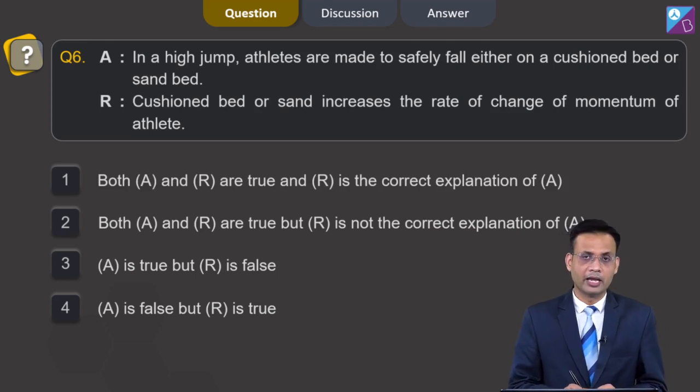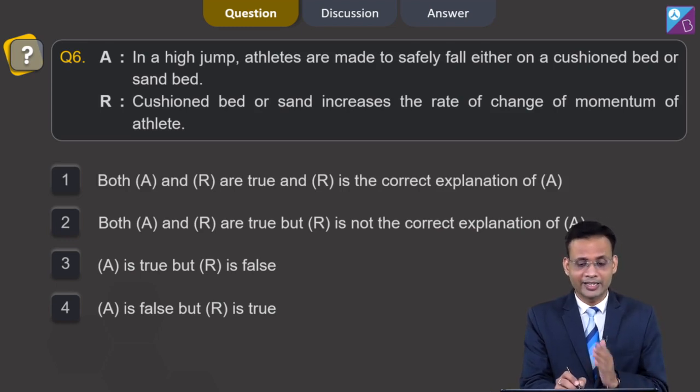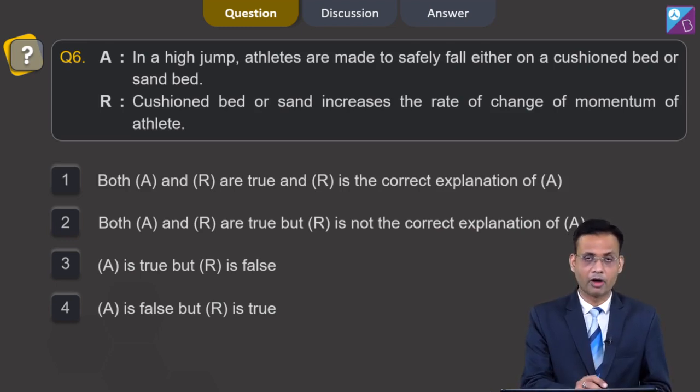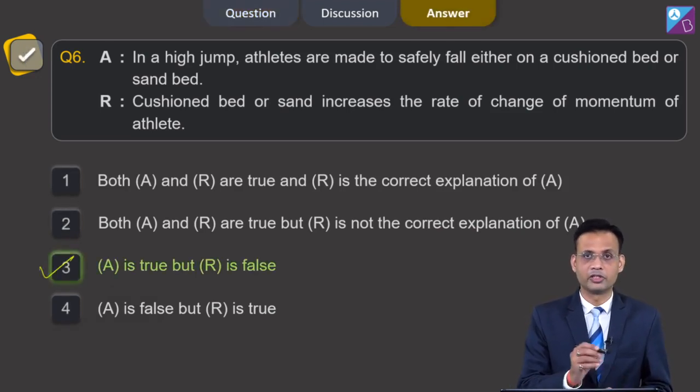So, students, we know that this statement is not correct, because cushioned bed or sand decreases the rate of change of momentum of athletes. That means, our assertion is true, but reason is false. So, the correct answer of this question is our option number 3.